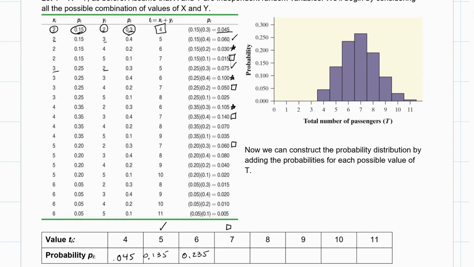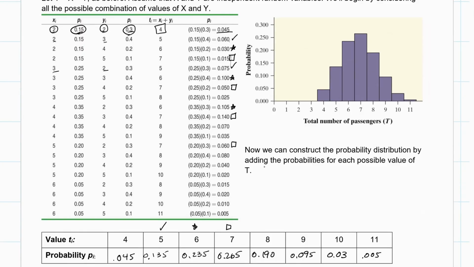Put the square here, put the star there, and if you add up those 4 numbers, you get 0.625. Okay. I'm just going to go ahead and write down the rest of the numbers for this distribution. I've already calculated them. And this is the textbook presentation of finding those values.